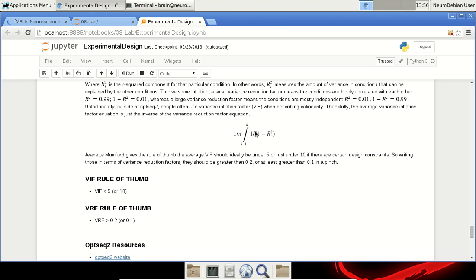That would look, I believe, like a block design type task.